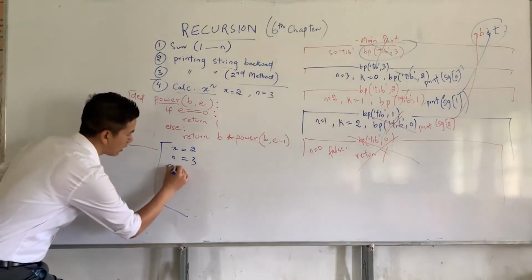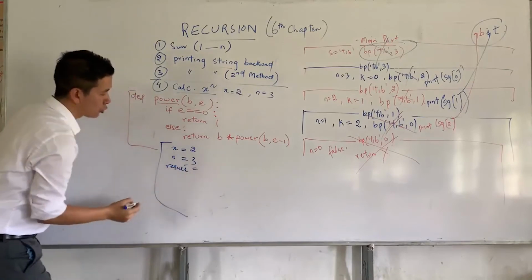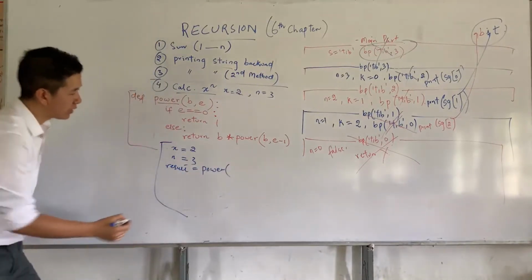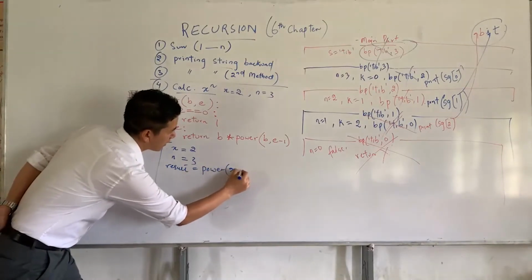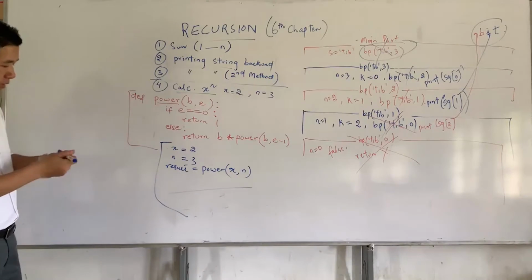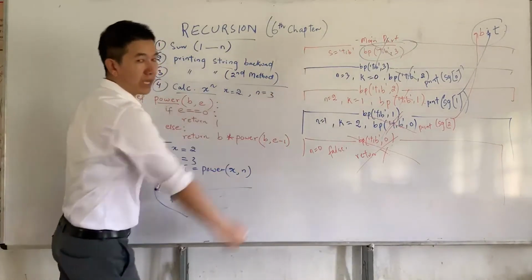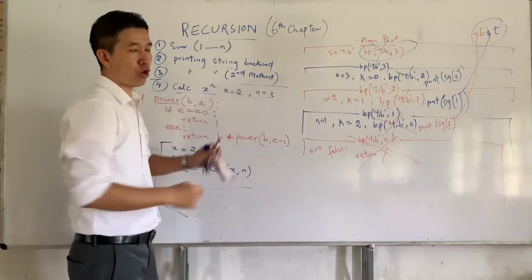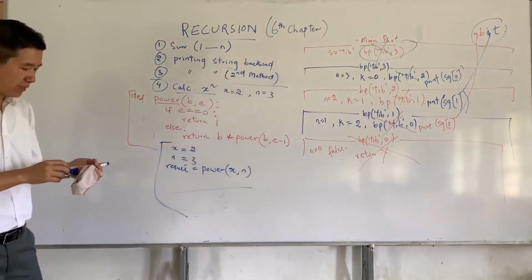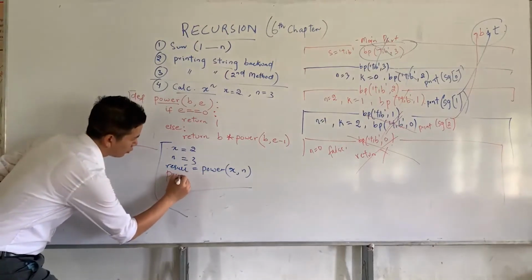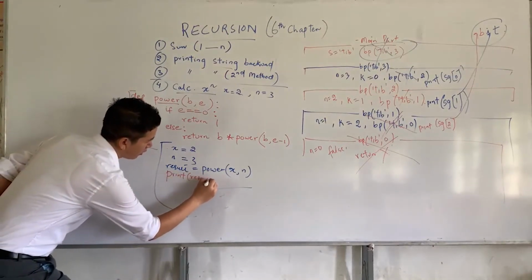And then result is equal to, let's call the function power, and then we'll send both the variables x and n. So this should be fairly simple. Let's not do this again. It will consume a lot of time, and I assume that you must have understood the drawings to a great length. Okay, and then finally I'll have to print the value of result.